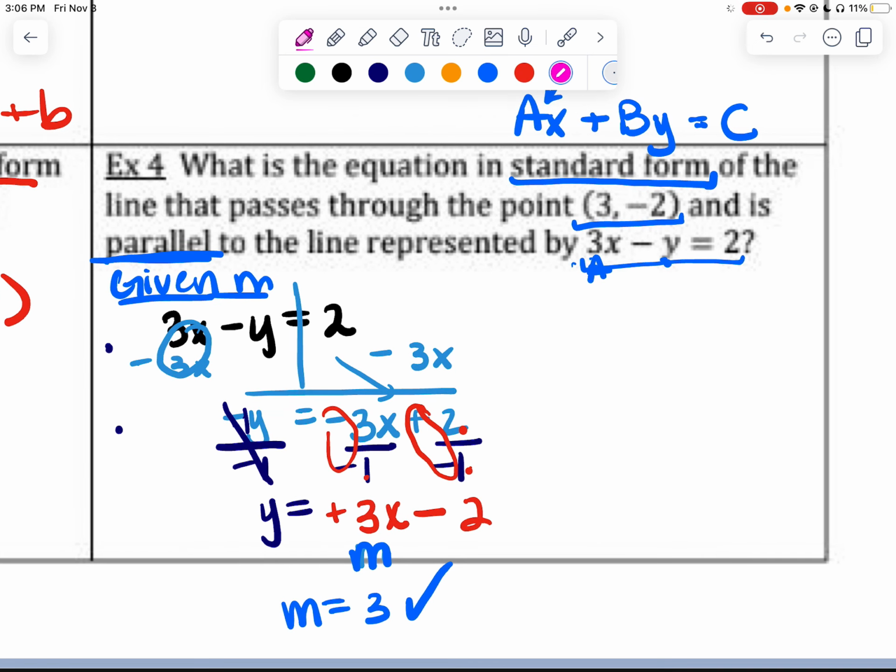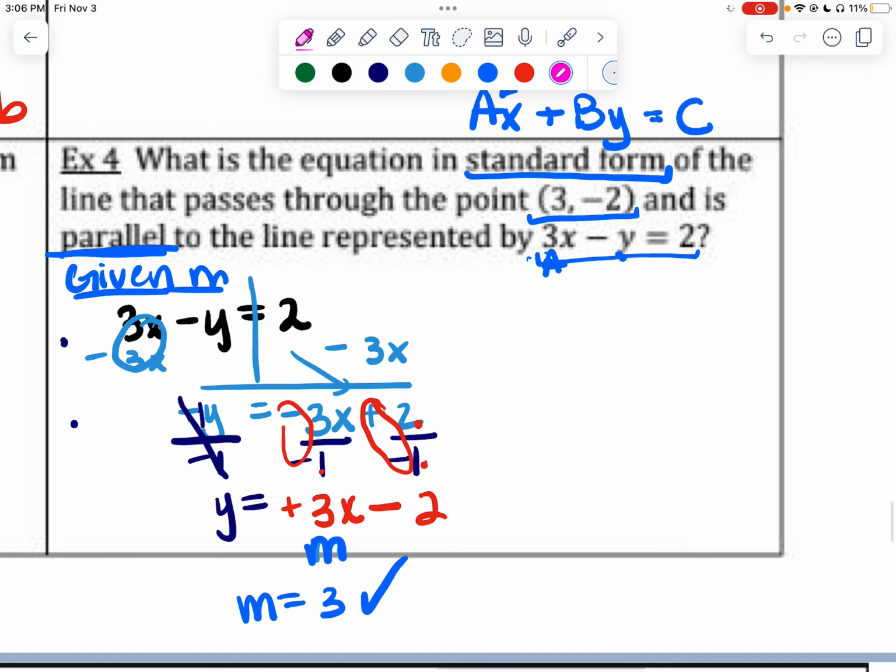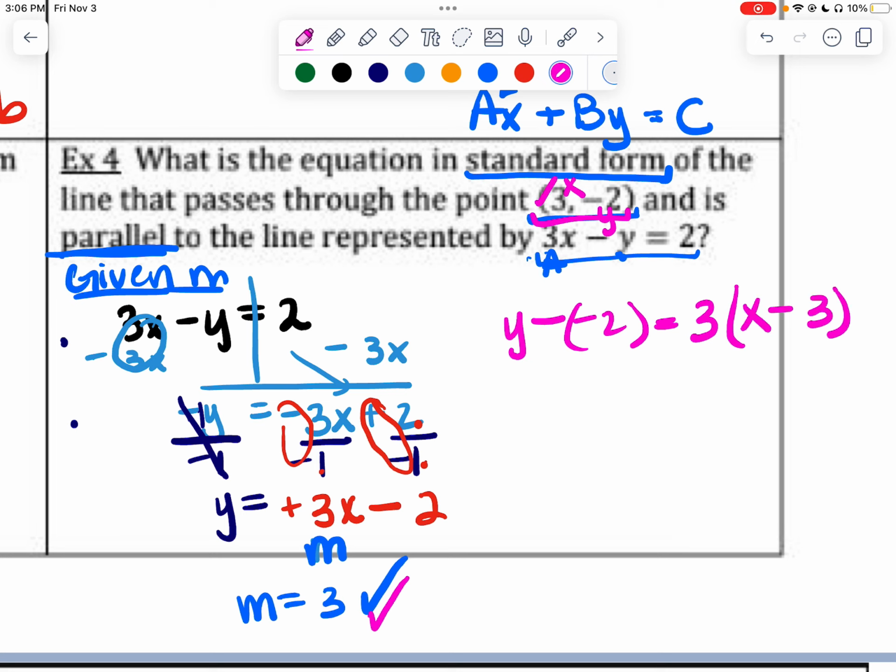All right, now since I just have a point, I've got to start with point-slope. y minus negative 2. Here's my y, and x is equal to 3. Slope times (x - 3), right here.